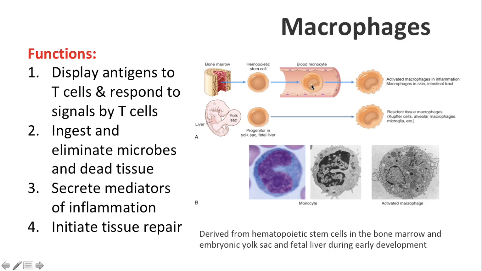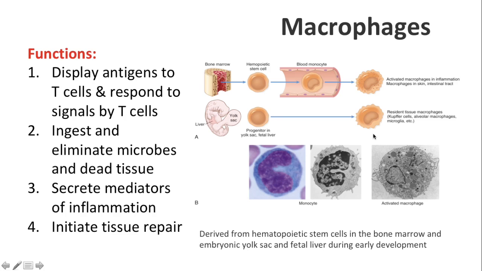They circulate as blood monocytes and they will be activated in inflammation. So they will migrate and go to the site of injury in the same manner as we had discussed in the lecture on acute inflammation. They follow the same sequence of transmigration, chemotaxis, activation, etc.